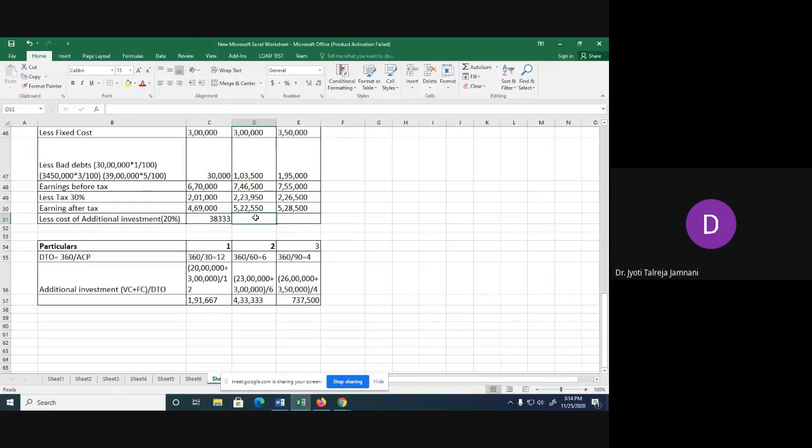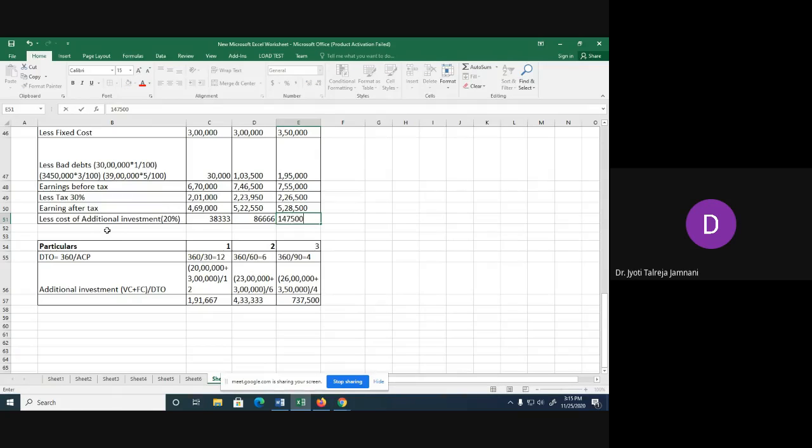Then 4,33,333, 20% of that is 86,666, or 667. Anything you got after point. 7 lakh 37,500 into 20% is 1,47,500.